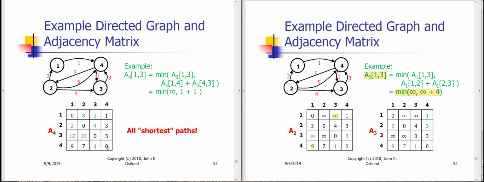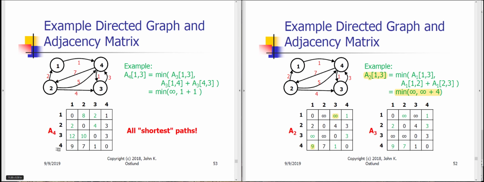Now, we've used up all the cases. There can't be any even shorter paths because we've used up nodes 1, 2, 3, and 4 as possible intermediate nodes. And so if we attempted looking for even shorter paths, we would necessarily start creating cycles.